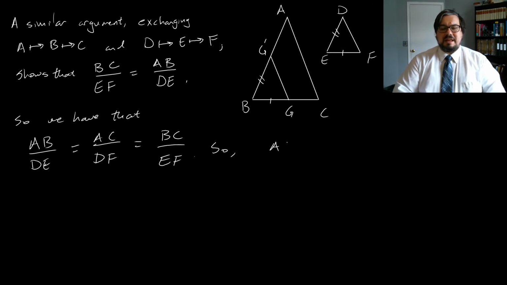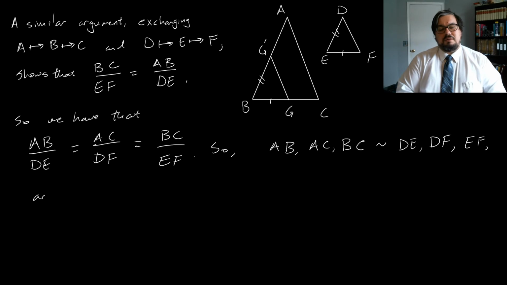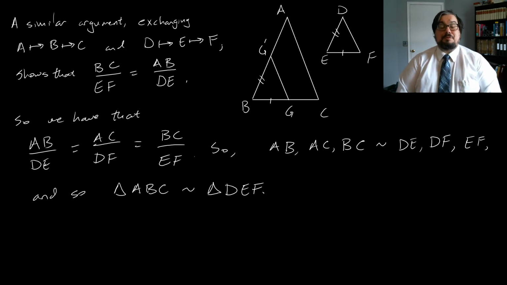So that means that the sequence AB, AC, BC is proportional to the sequence DE, DF, and EF, and so we have that triangle ABC is similar to triangle DEF. So this shows us that, in fact, it's enough to just know that two triangles have three pairs of corresponding angles, and that shows that, in fact, they are similar, that their sides are also in proportion to one another.